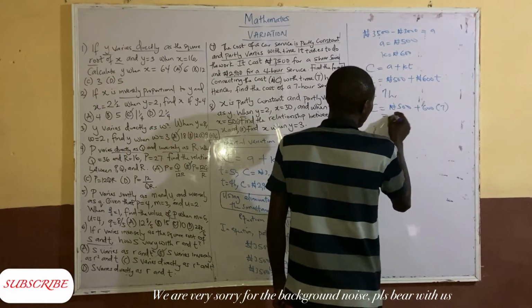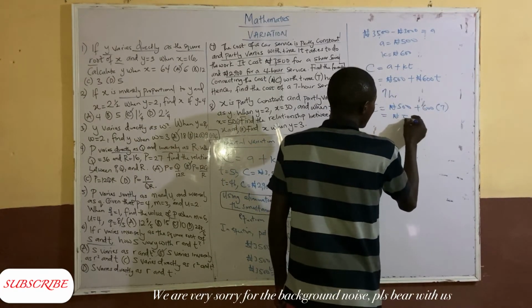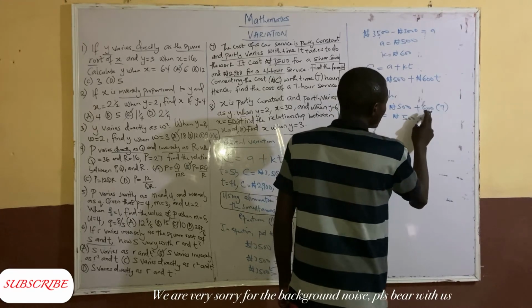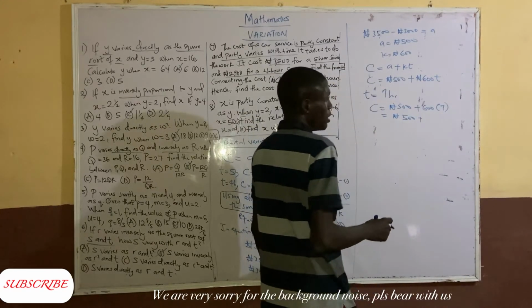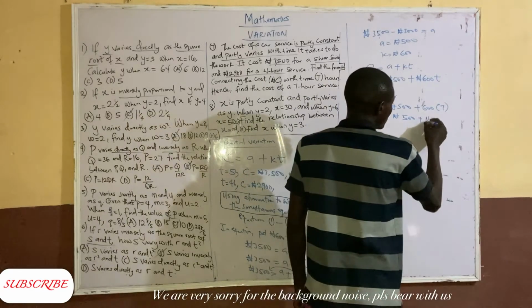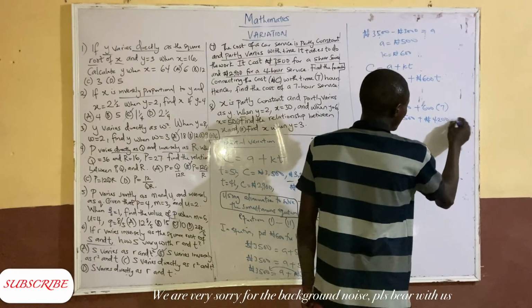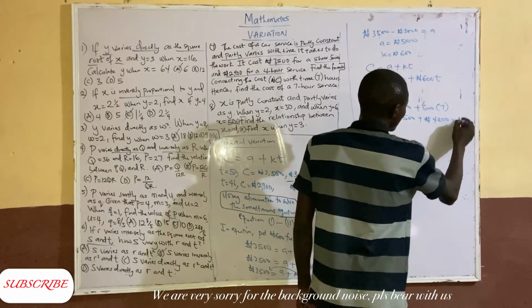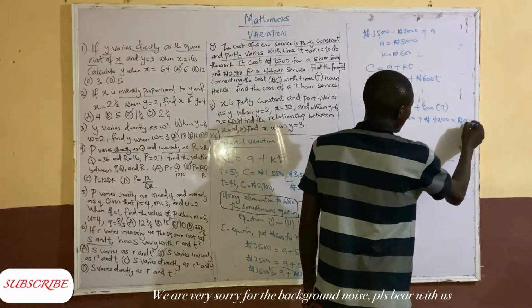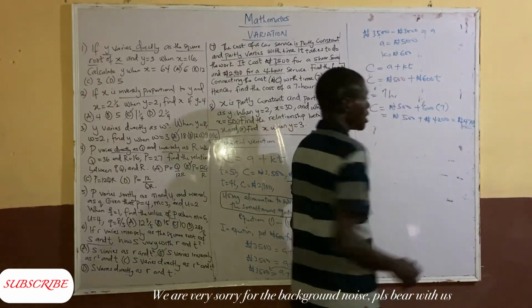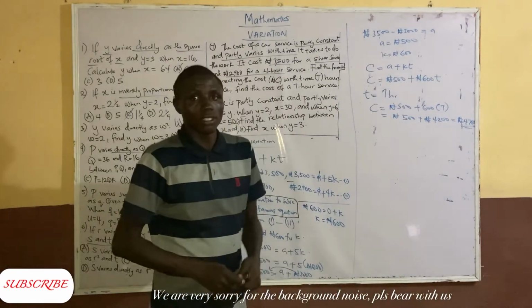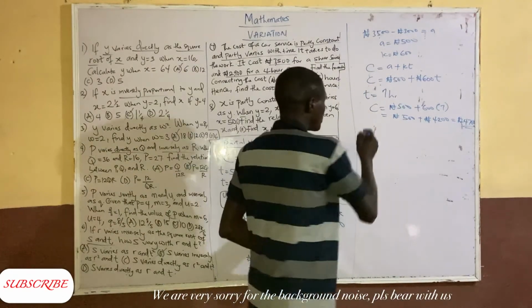So this will equal 500 naira plus 600 times 7, that should be 4,200. 4,200 plus 500 gives us 4,700. So that's that about that question.